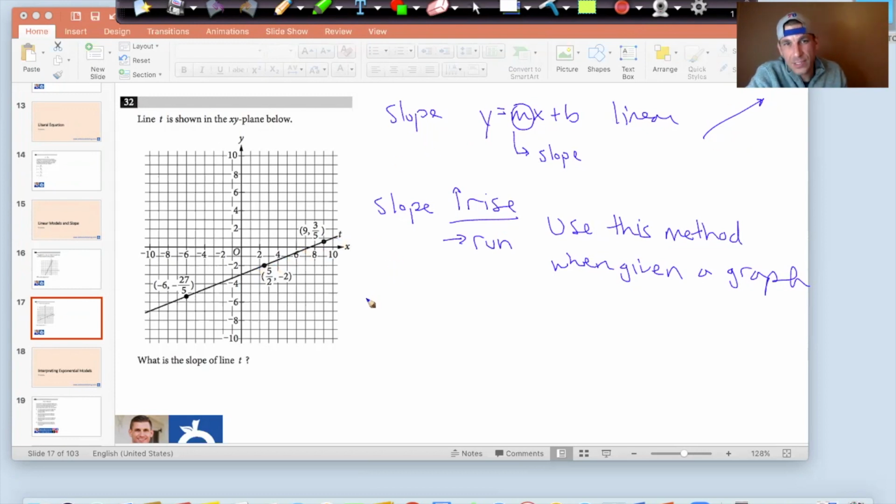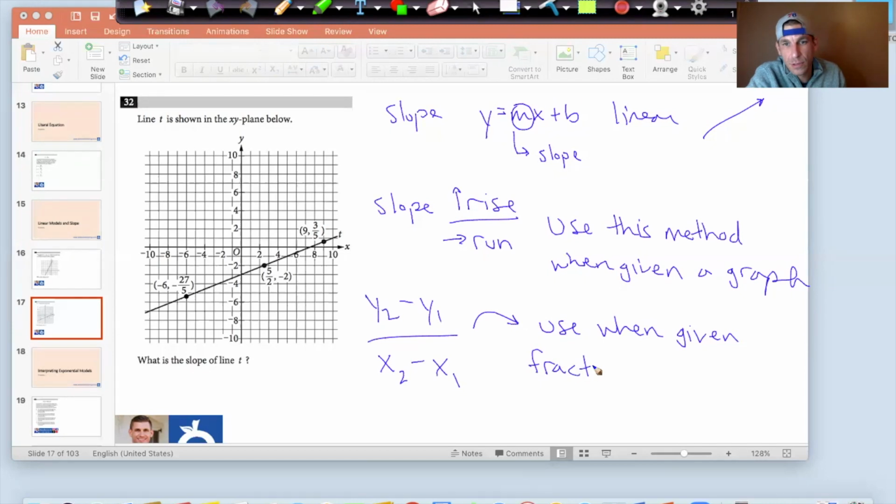The other instance is that you might have to use y2 minus y1 over x2 minus x1. Now, this method you're generally going to use when you have fractions. Okay, use when given fractions and coordinates.